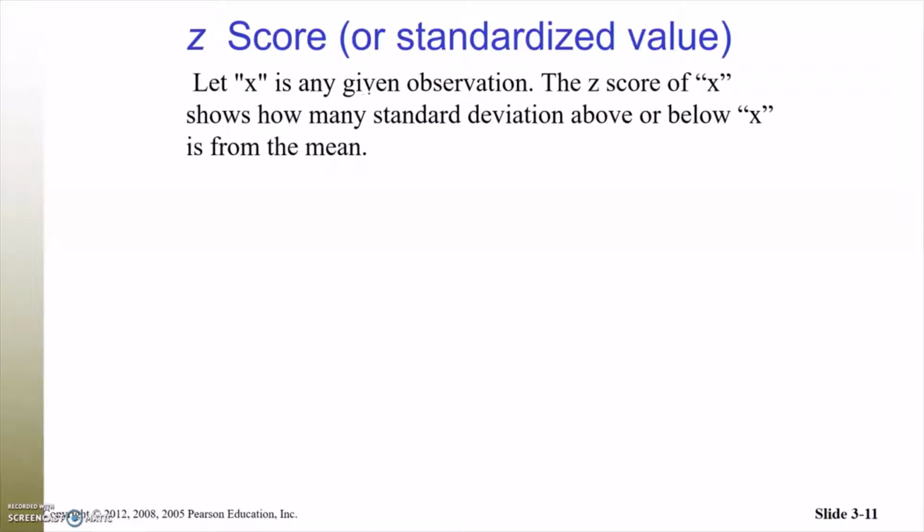Let x be any observation. The z-score for x shows how many standard deviations above or below the mean of the observations it is. The z-score of x tells you if an observation is above the mean or below the mean.